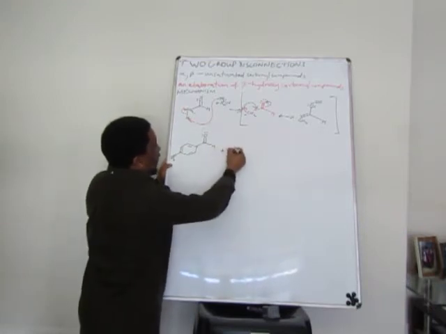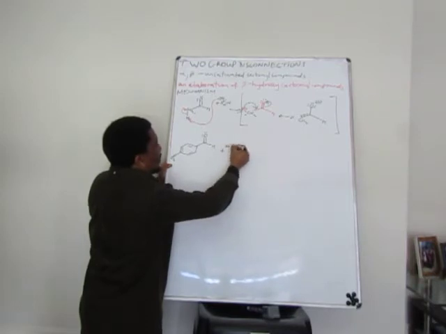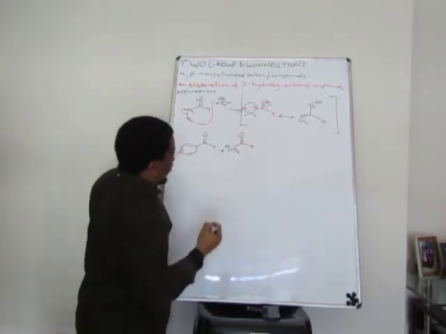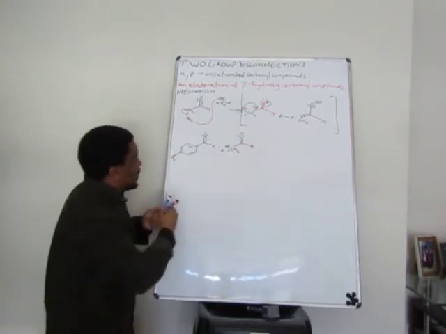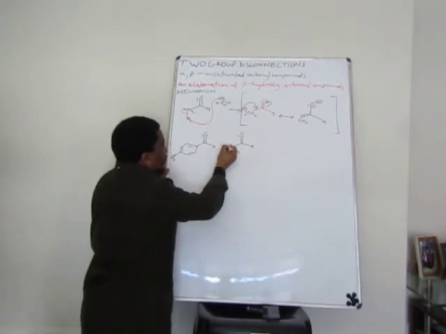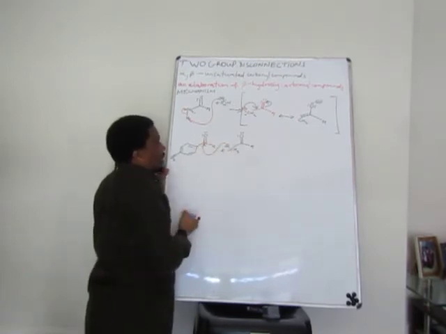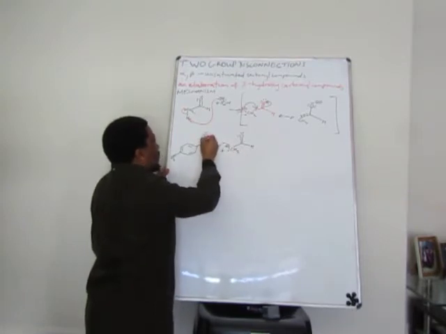So it reacts with the CH2 minus. What's going to happen here is that this comes in and attacks the electrophilic center, coming in as a nucleophile.